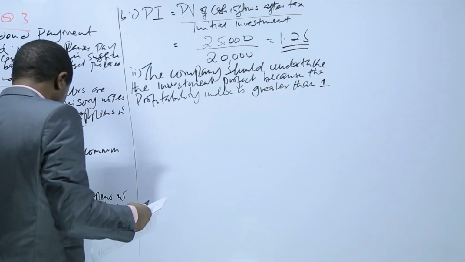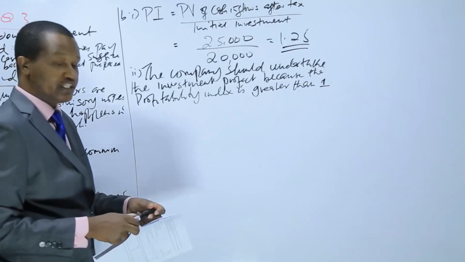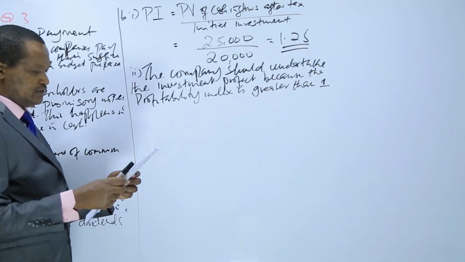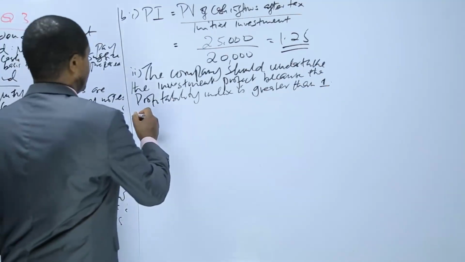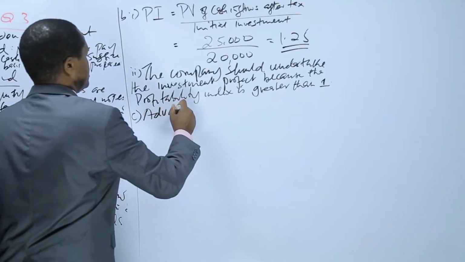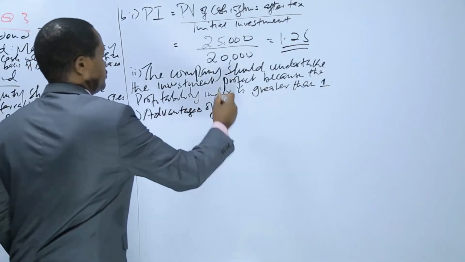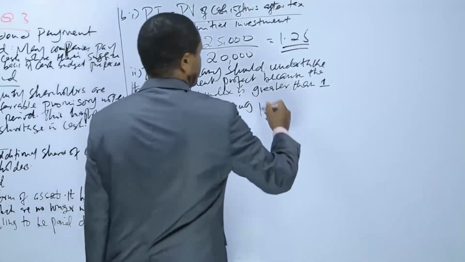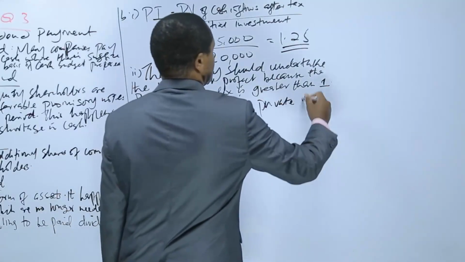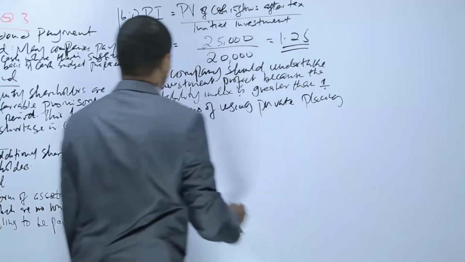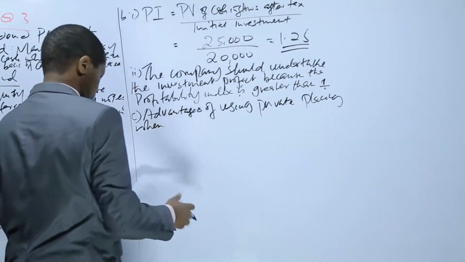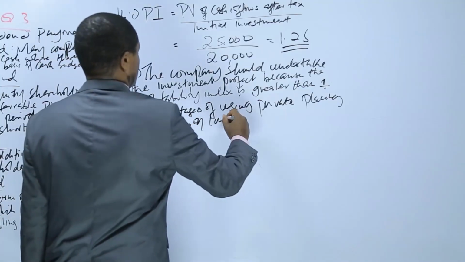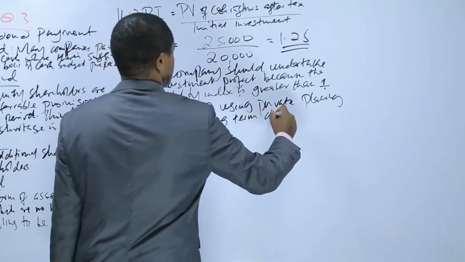Candidates, private placing can also be used when issuing equity. In this question it is all about debt. This is C, advantages of using private placing when issuing long-term debt.